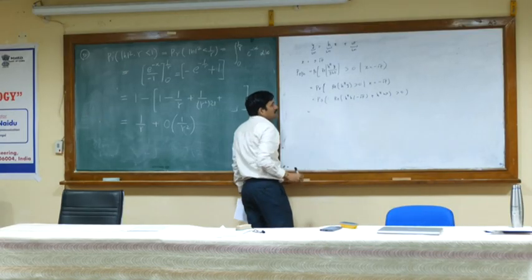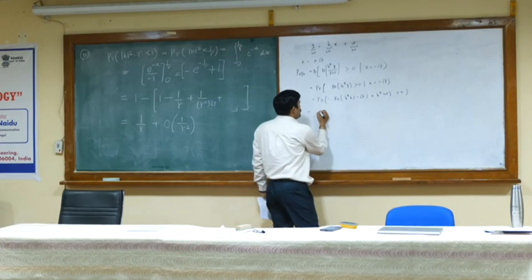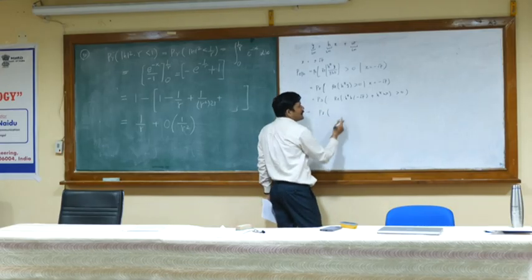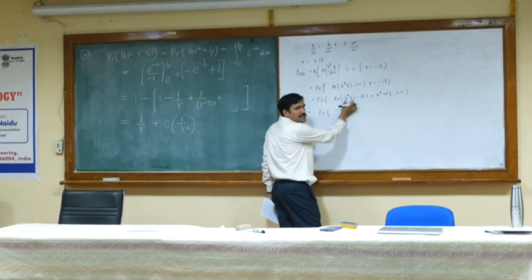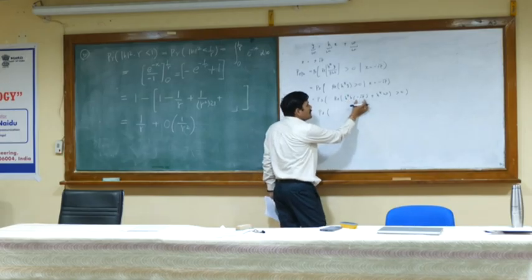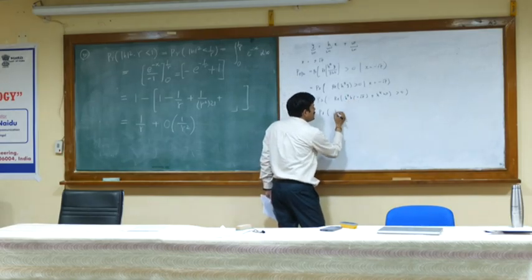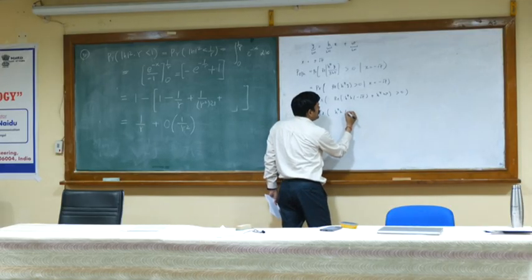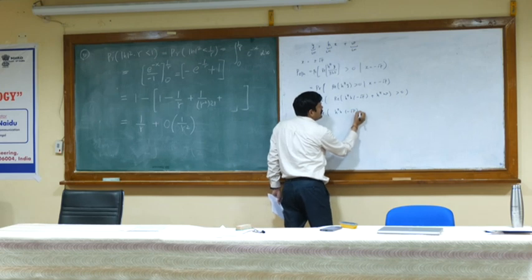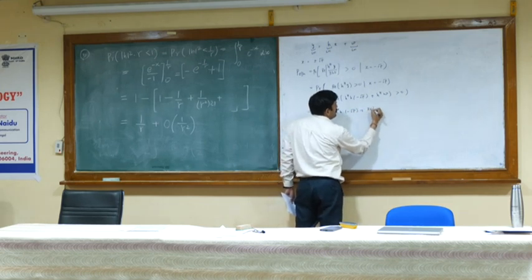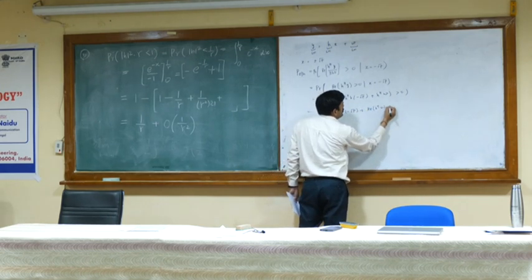So that comes out to be probability. h Hermitian h is real, and this is also real, so we can take it outside. So h Hermitian h into minus square root of p plus real of h Hermitian w greater than 0.